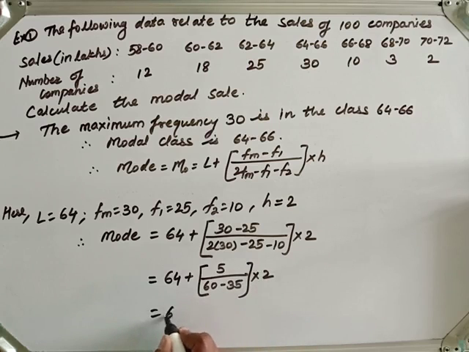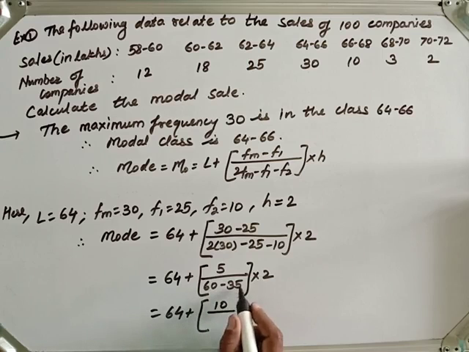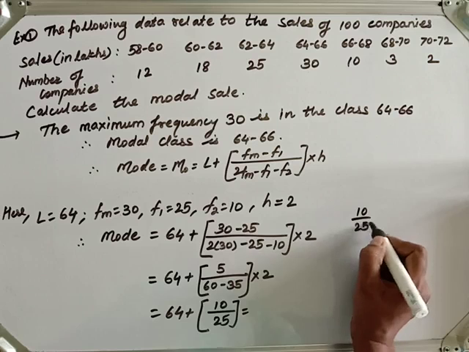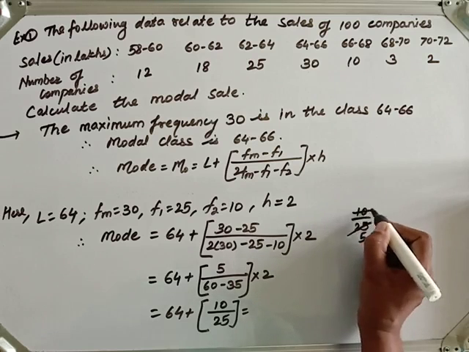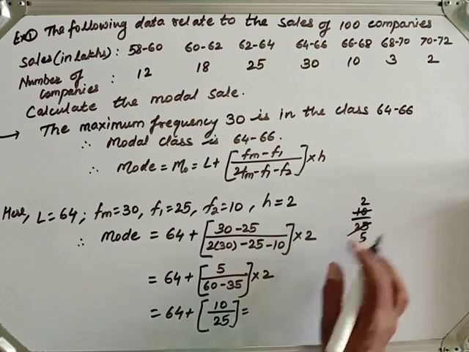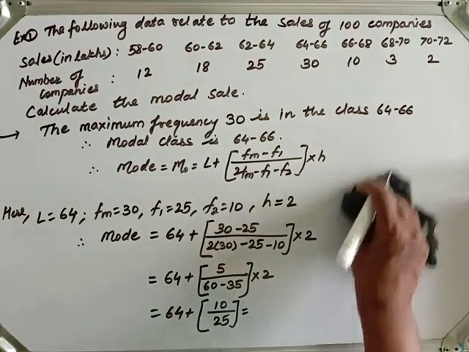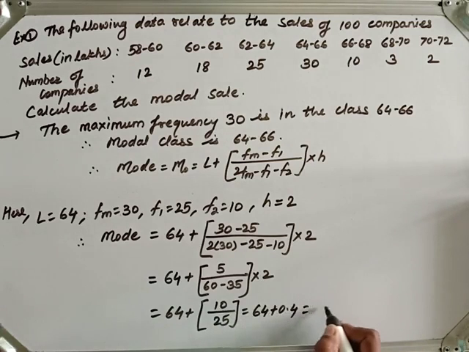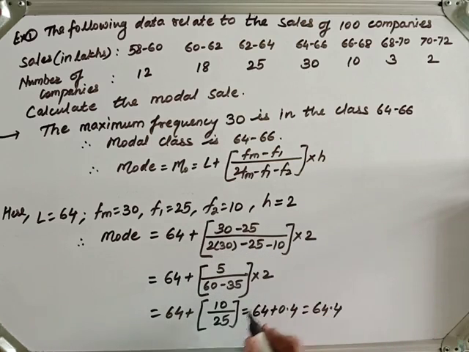Taking the 2 here, it will be 10 upon 25. 10 by 25 is the same as 2 by 5, which is 0.4. So 64 plus 0.4, so the mode will be 64.4.